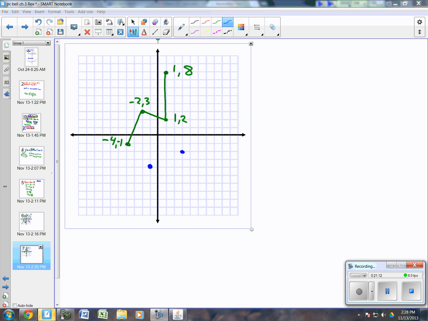You don't switch signs, you just switch coordinates. 3, then -2. Instead of 1 and 2, we go to 2 and 1. Instead of 1 and 8, we go to 8 and 1. Looks like that. It's symmetrical over this line right here. Got it?